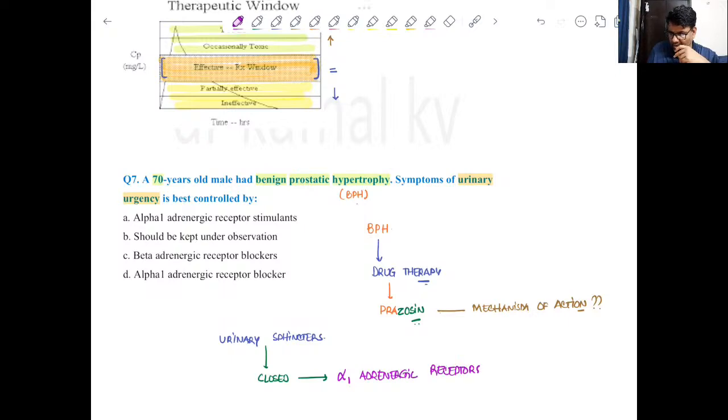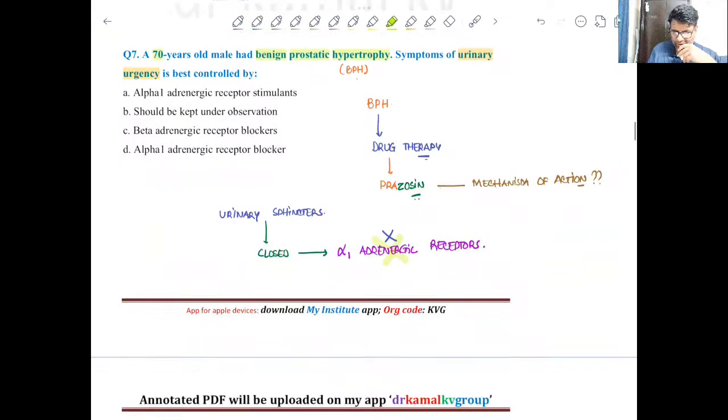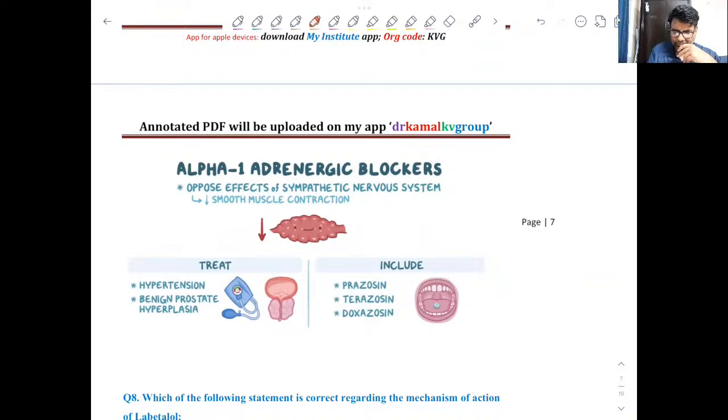Clear? So if we block these receptors, obviously the urinary sphincters will dilate or will open up. So that will just help the patient in getting rid of the symptoms. So what we do, we use alpha 1 adrenergic blockers.